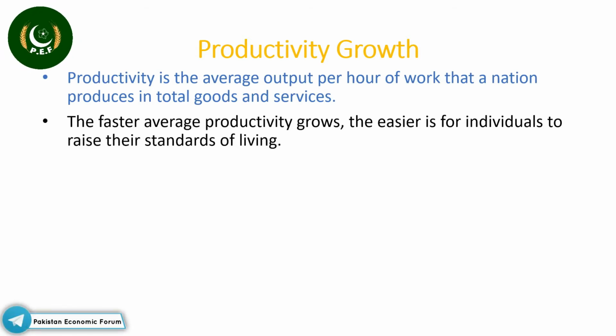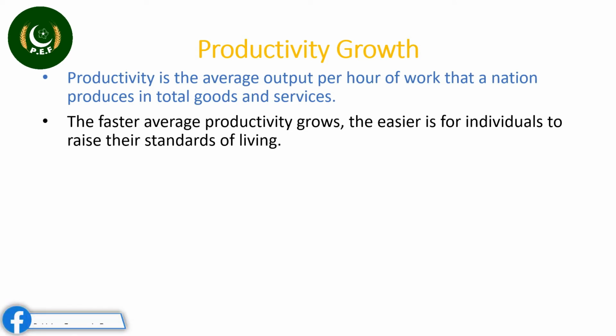That is, more output per person will be available, including more houses, more roads, more cars, more hospitals, more food items, more schools, etc.